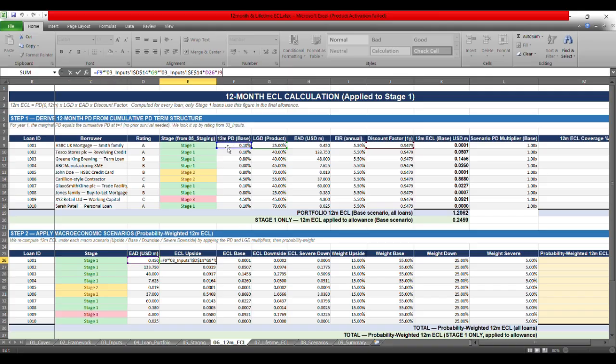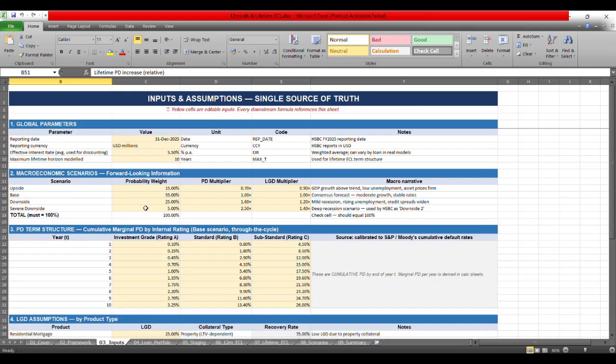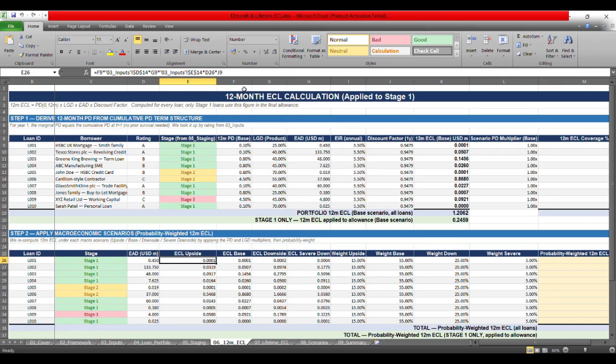So F9 is my 12-month PD. For this particular loan, remember that now we are at step 2, applying the macroeconomic scenario. For L001, I am trying to explain. F9 is my 12-month PD. Then I am taking the inputs of D14, which is the PD multiplier for the upside case.